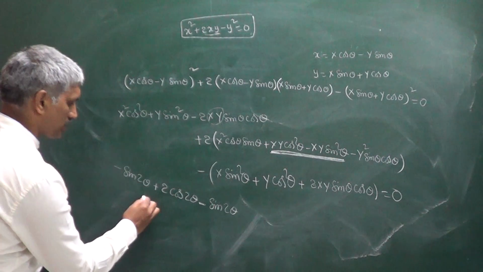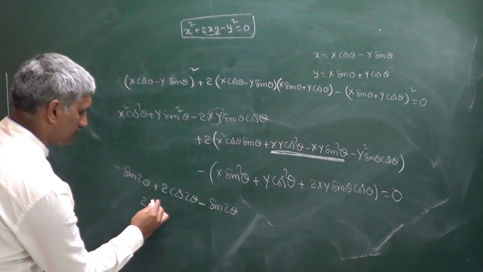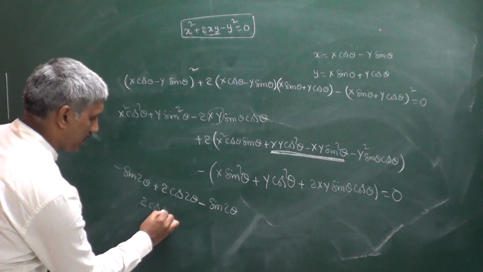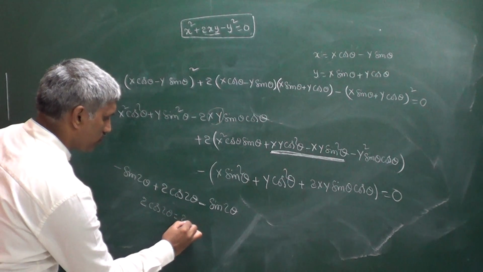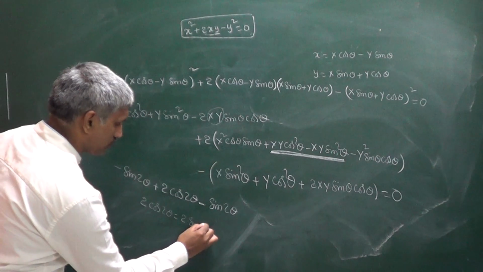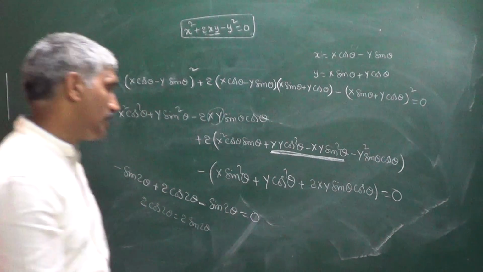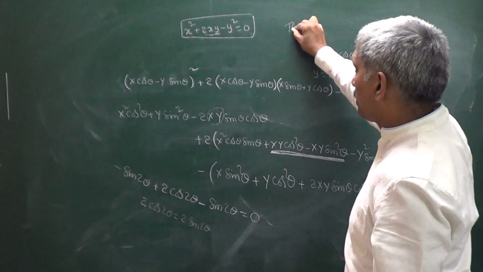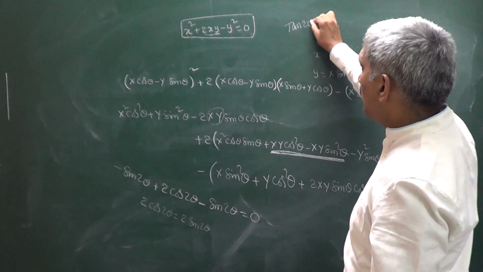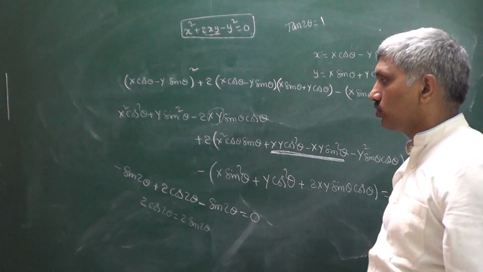Now this simplification is 2 times cos 2 theta equals 2 times sin 2 theta, because we are equating the xy coefficient to 0. Then we will get tan 2 theta equals 1.